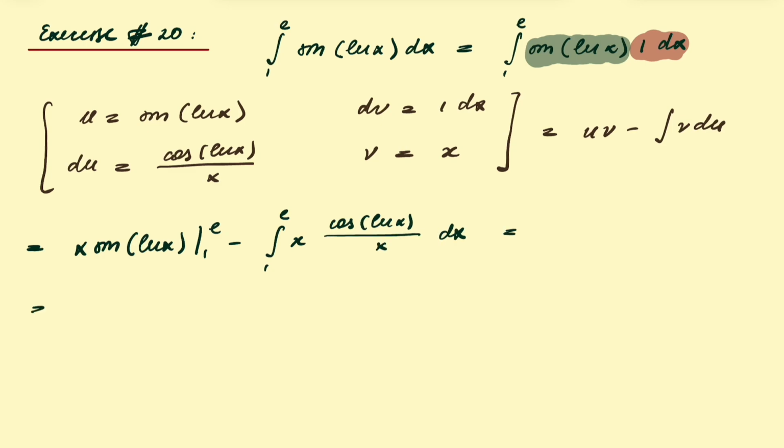And now, first let's directly compute these boundaries. So we have e times sine of ln of e, which is 1 because e to the power 1 is e, minus 1 times sine of ln of 1, which by definition is 0, right? Because e to the power of 0 is 1.